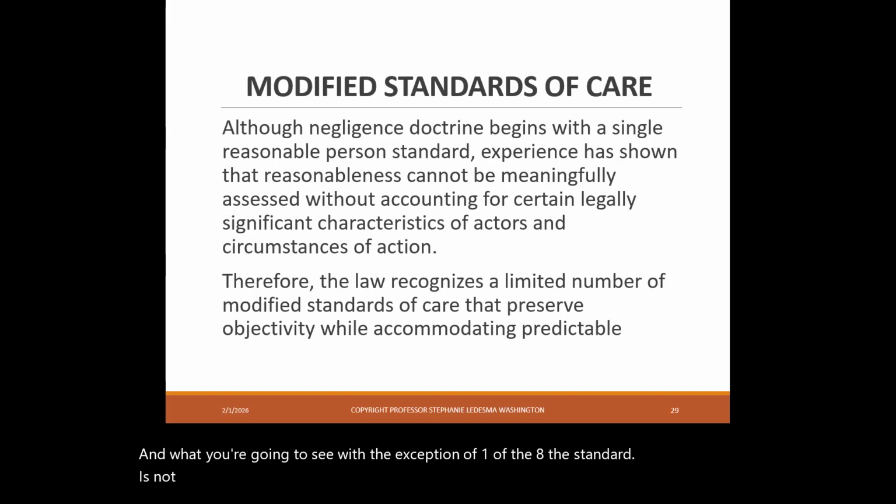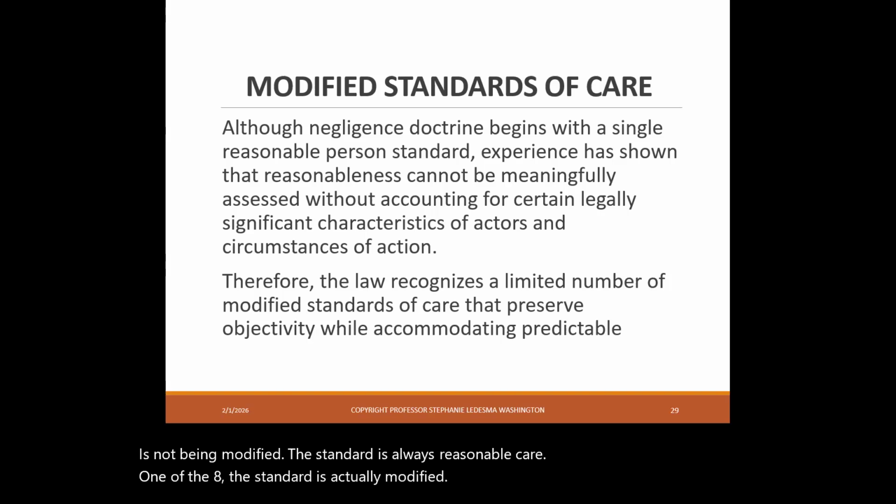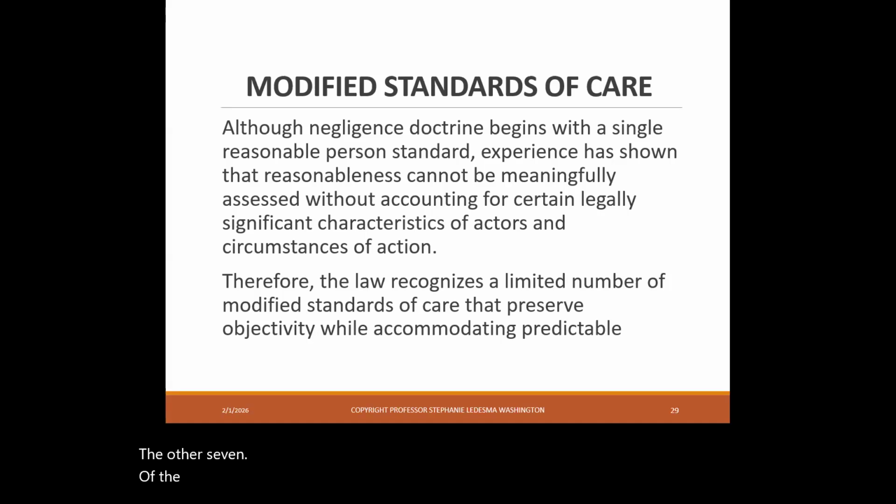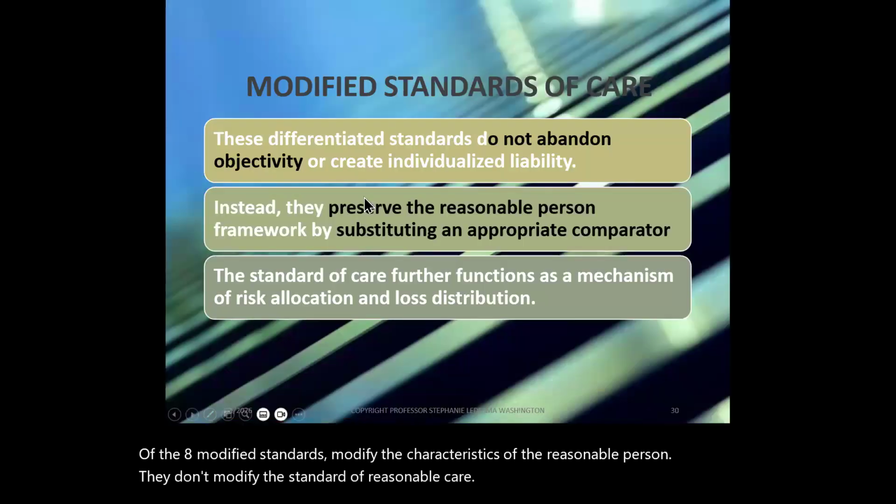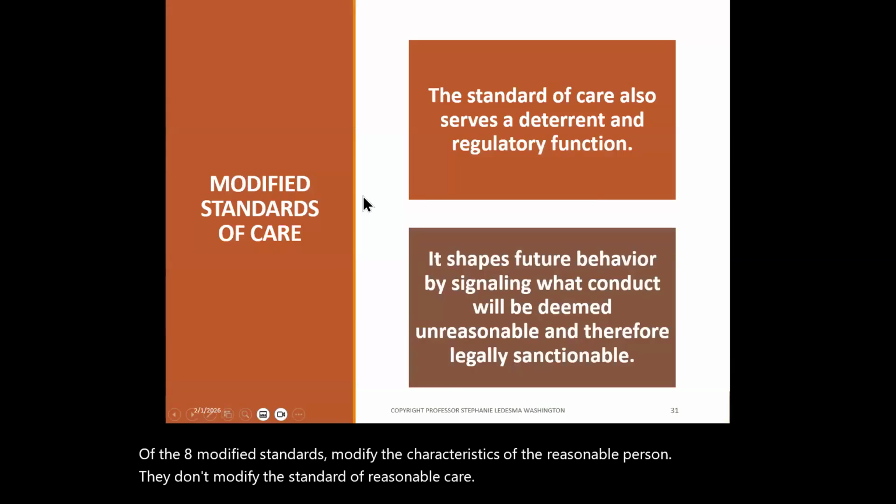The standard is always reasonable care. In one of the 8, the standard is actually modified. The other 7 modify the characteristics of the reasonable person. They don't modify the standard of reasonable care. Okay? Let's jump in.